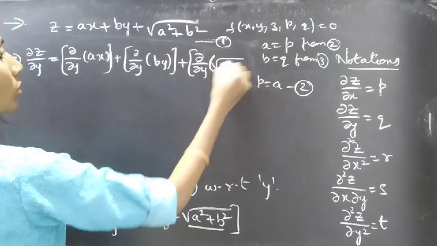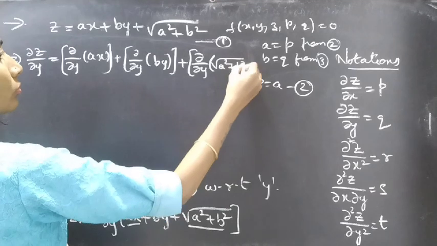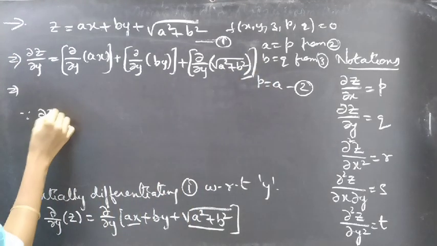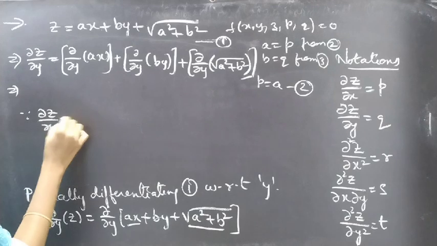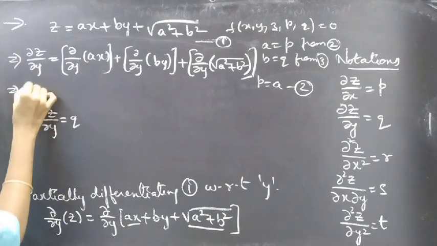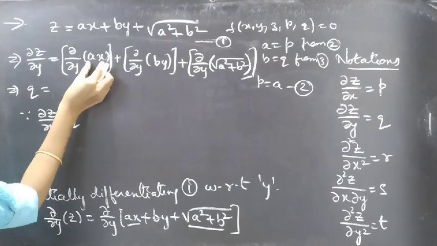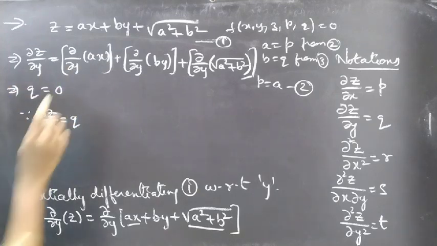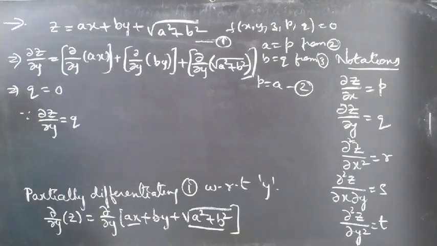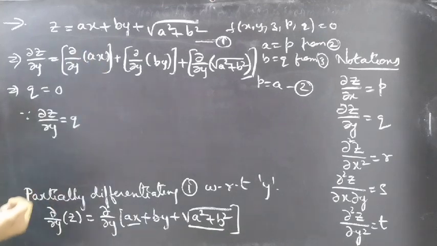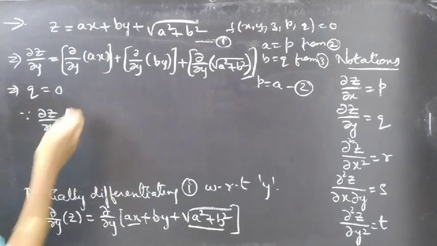Since ∂z/∂y is the notation q, let's replace it by q. You'll get q equal to the partial derivative of a constant with respect to y, which is 0. Since we are partially differentiating with respect to y, x is treated as constant, so ax is a constant, and its partial derivative with respect to y is 0.